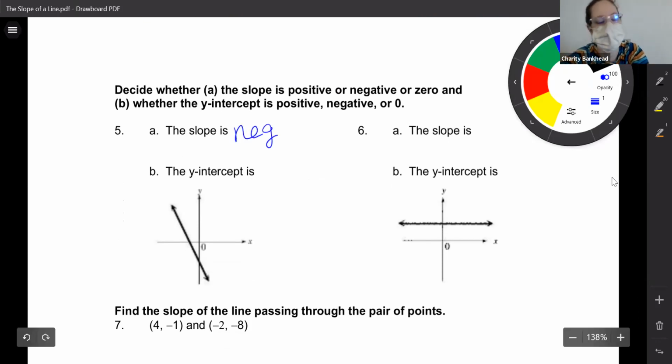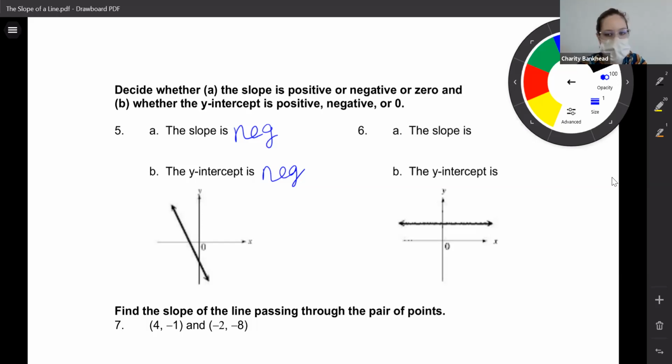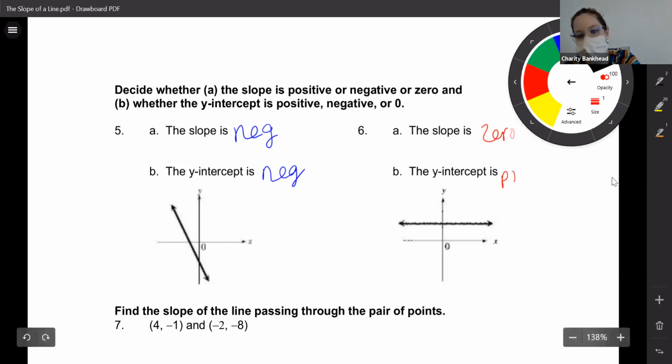It's going down. And the y-intercept is negative because it's below the x-axis. And for number 6, the slope is 0. It's horizontal. And the y-intercept is positive because it's above the x-axis.